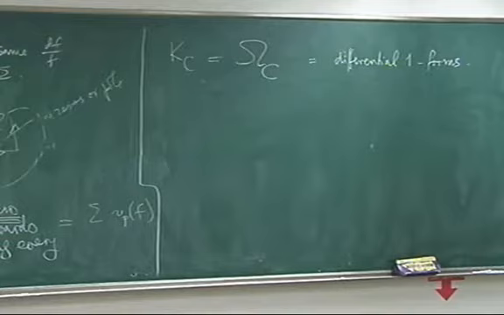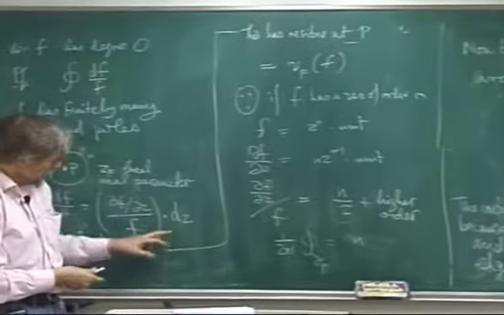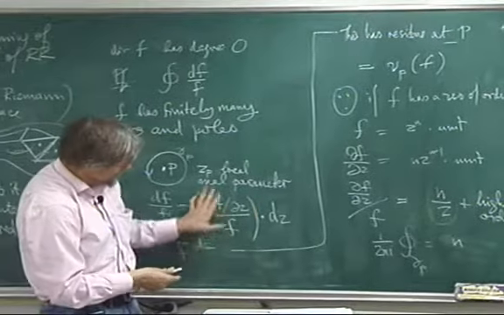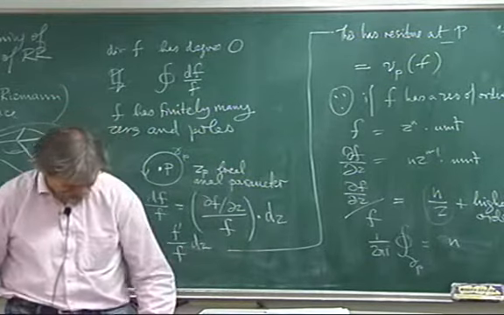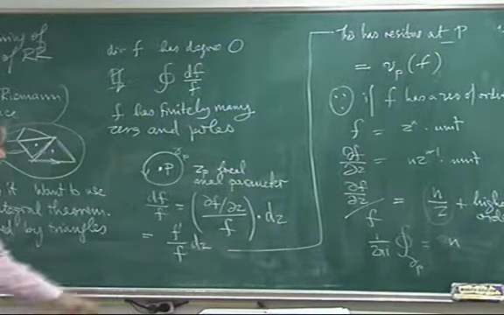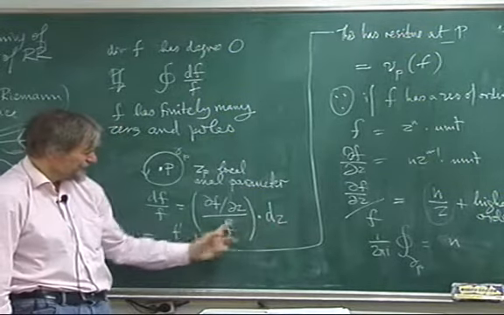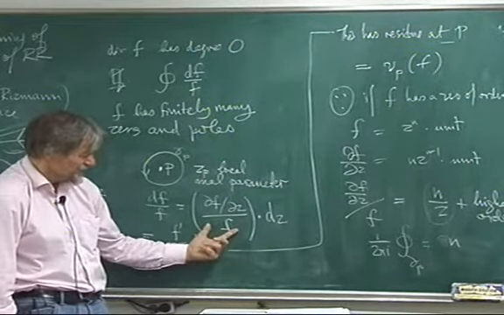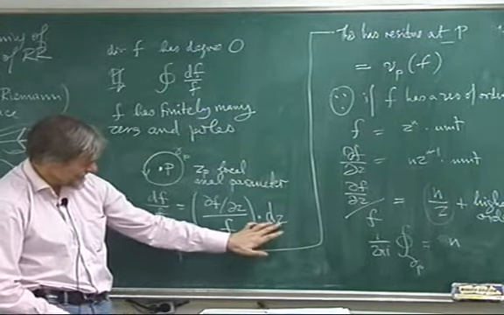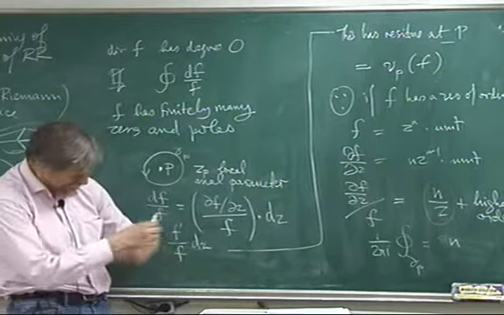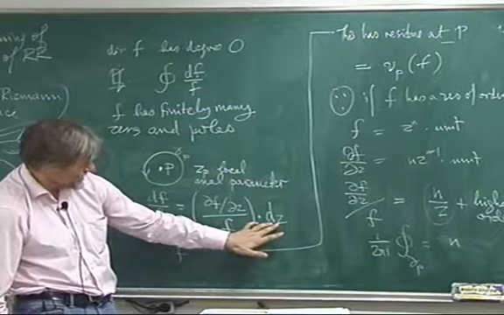When you do complex analysis in second or third year undergraduate work, you think this is a function, and this is dz because when you're writing integrals you always write dz. And you don't specially think of this as being a different object than the function itself, right? But in fact, if I change coordinates here, if I had a different z here, I'd have to write the Jacobian transformation, dz by dw or whatever.